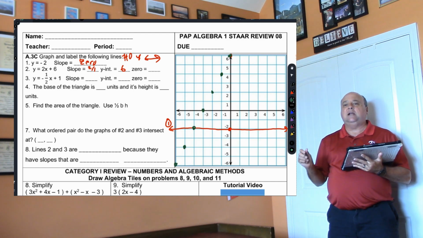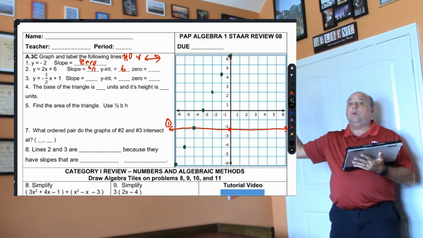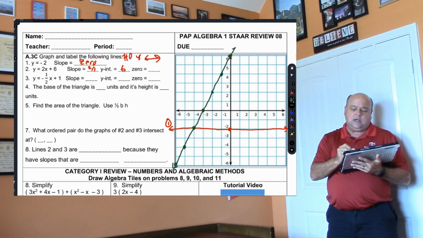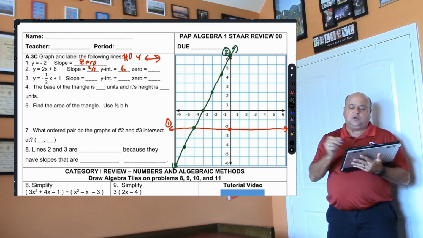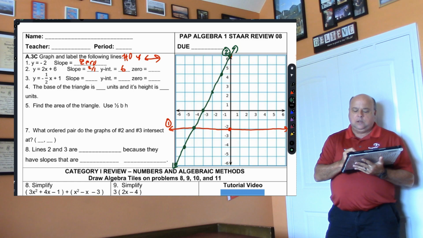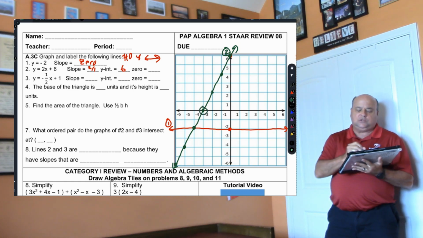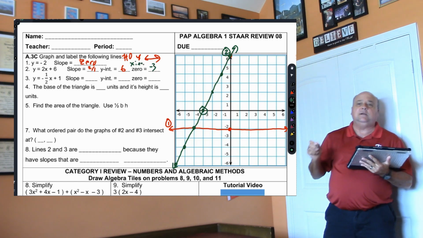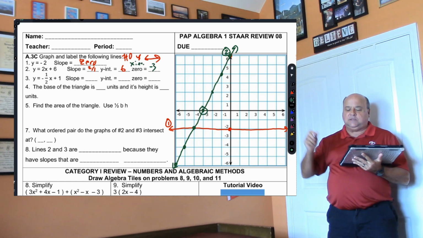I got my series of dots. If I were to go from left to right, I would go up 2 over 1, wouldn't I? I'm going to connect all these dots, and notice this line is going up, and this is line number 2. Right here is my 0. -3 is my 0, which is my x-intercept. That's the input that outputs a 0.